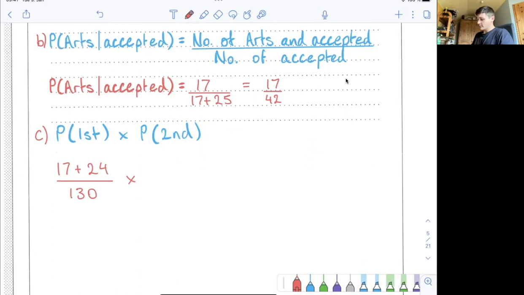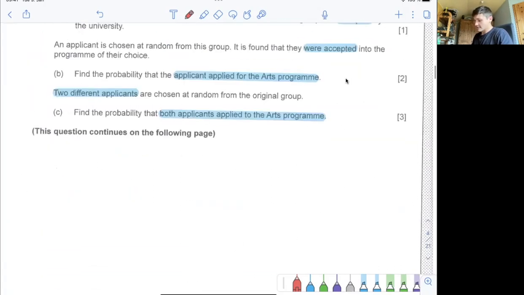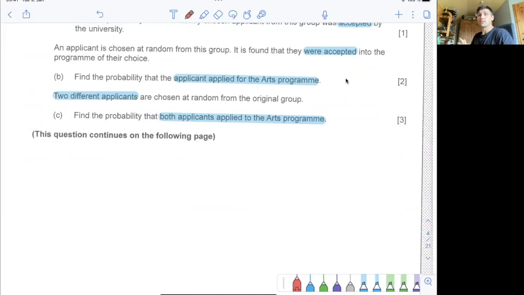Now, in order to calculate the probability that the second applicant also applied for the arts program, and stressing the fact that they're different, we're going to have to remove that first applicant from the group. We can't choose them again. So it's basically without replacement. Lots of probability courses talk about that, with and without replacement. So this is without replacement, right?